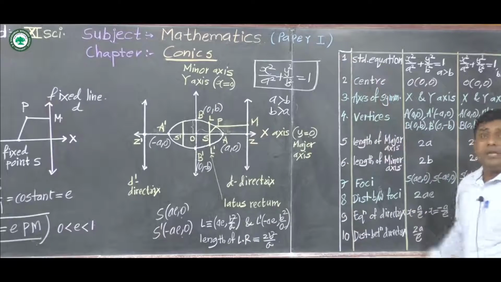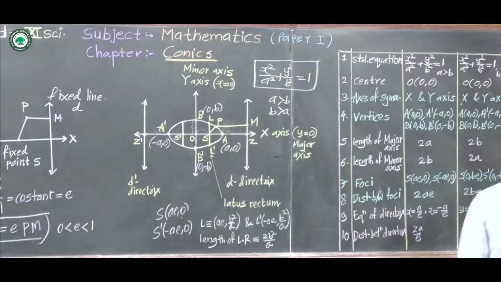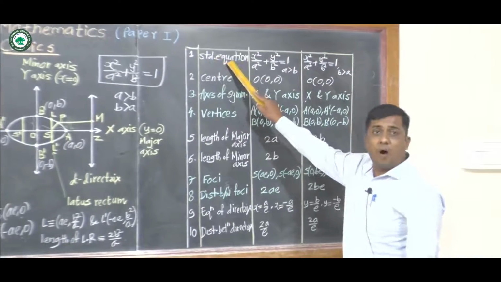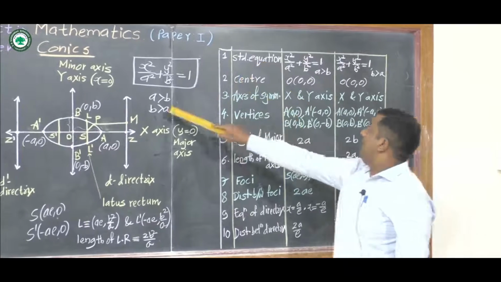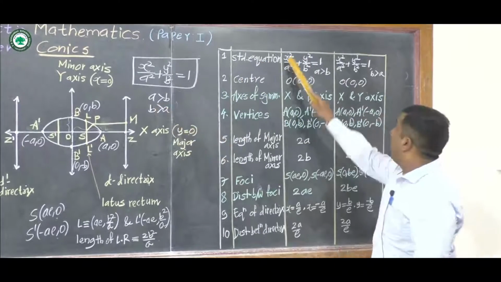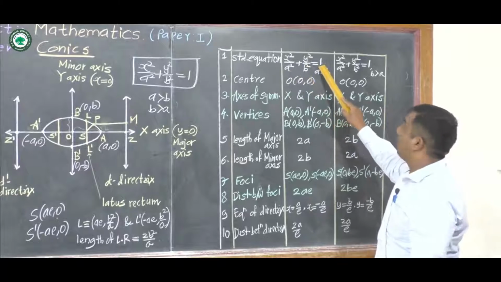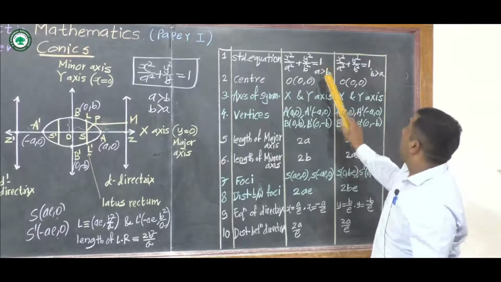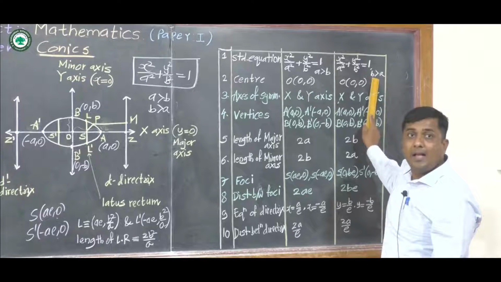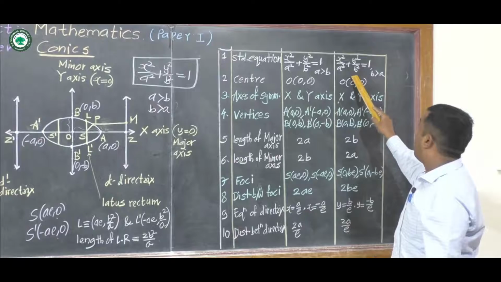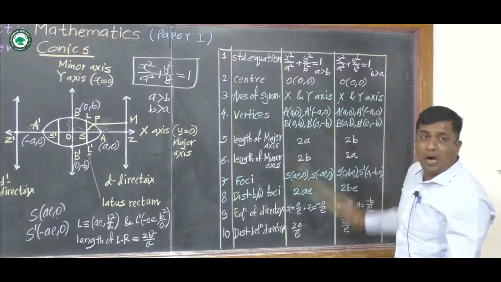Okay, so here we consider one table to define some formulas. For the standard equation of the ellipse, if a is greater than b, then x square upon a square plus y square upon b square is equal to 1. And if b is greater than a, our equation is again x square upon a square plus y square upon b square is equal to 1.